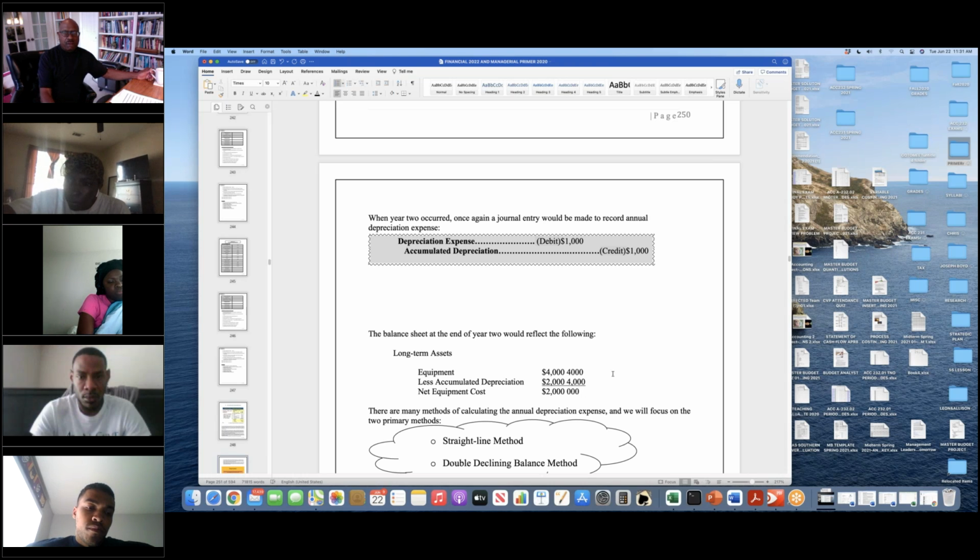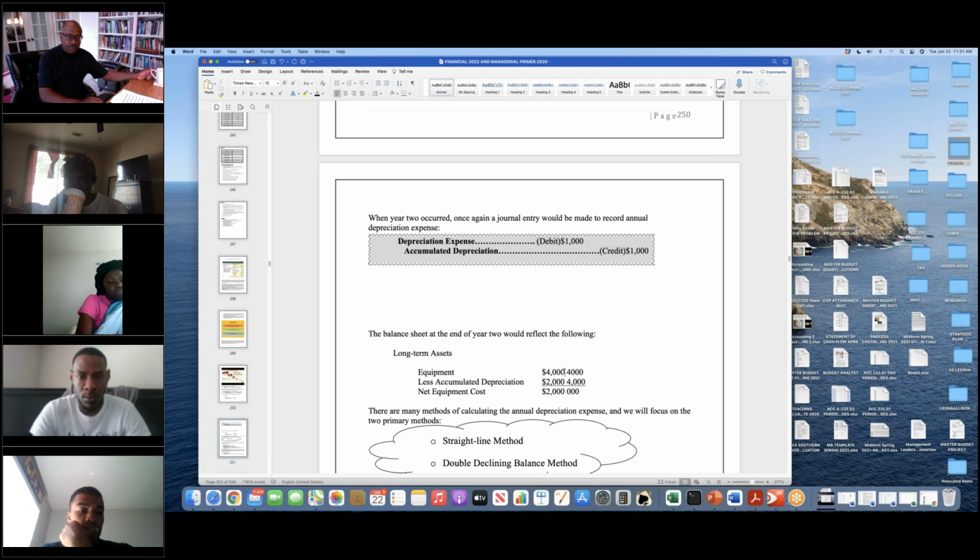By the time we get to the 4th year, we would have completely depreciated the item and its value was 0.